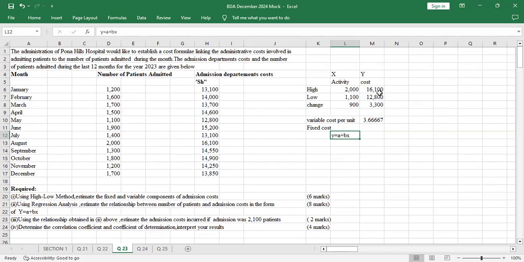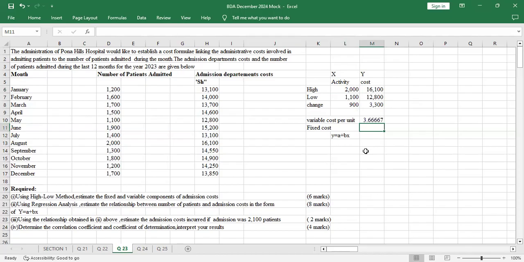I'll use the high, so my Y will be 16,100. A is the fixed cost, which is what we are looking for. B is the variable cost per unit, and X is the number of units, the activity level, which is 2,000. So the only value we don't have is A.